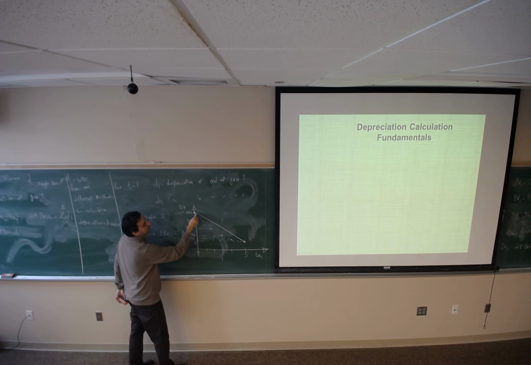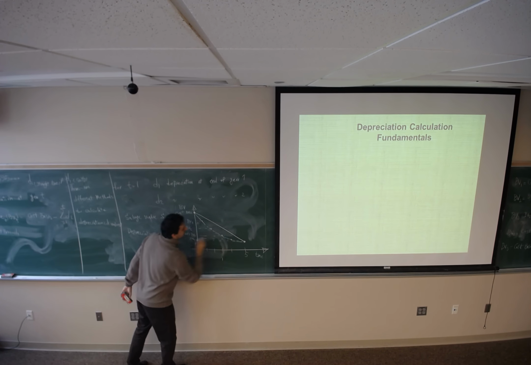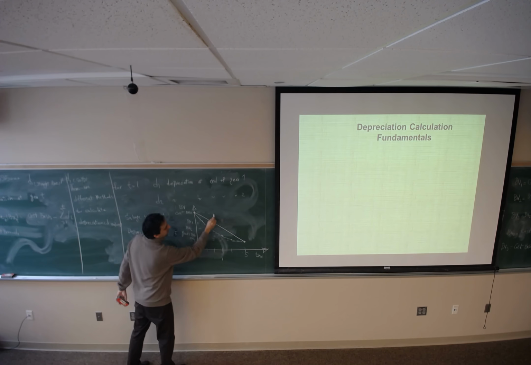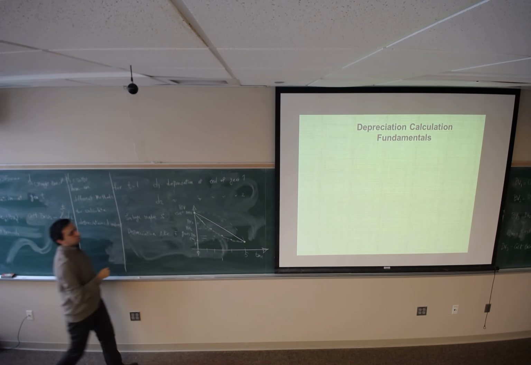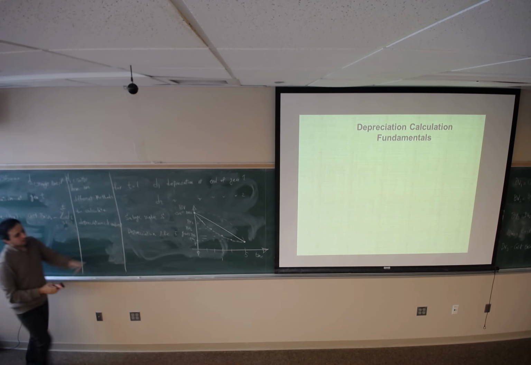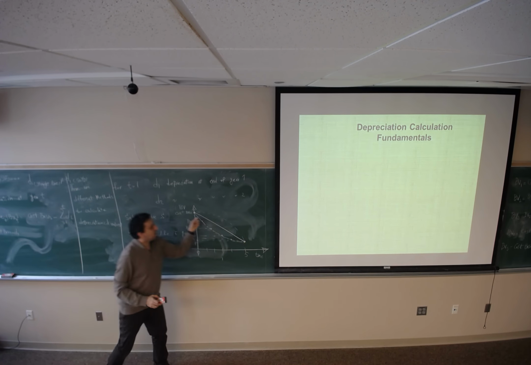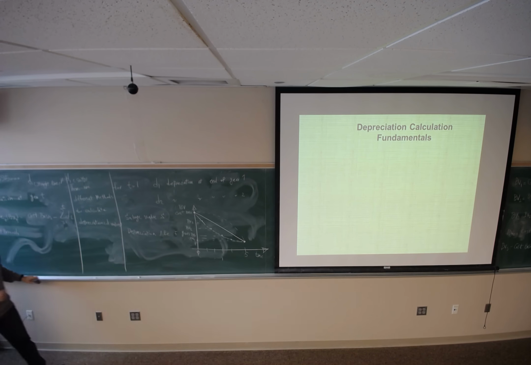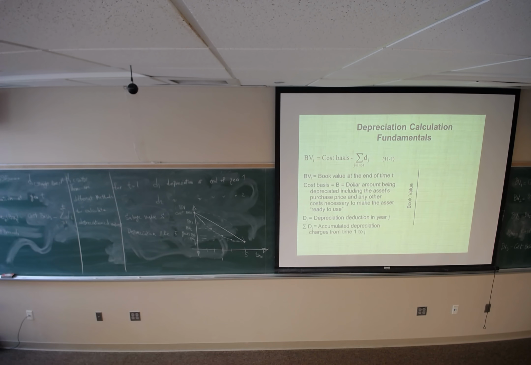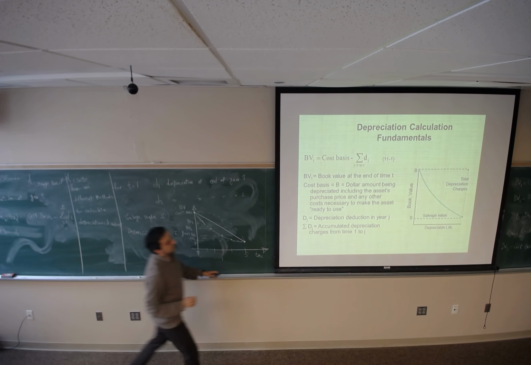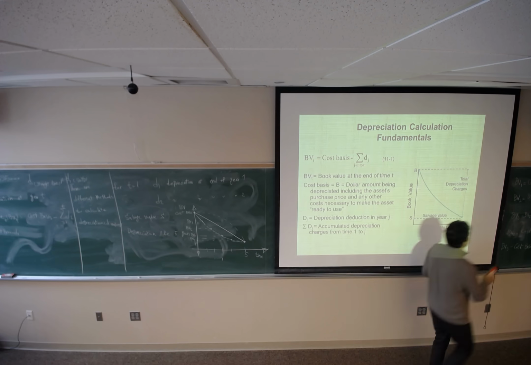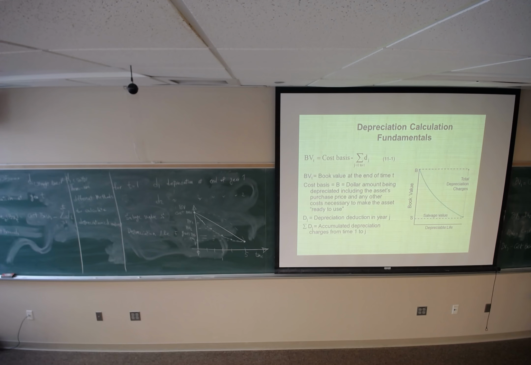In sum of the year's digits, you may get something like this. In another method, you may get something like this. So the curve which connects cost basis to the salvage value would be different for different methods. This is the difference between different methods of depreciation.